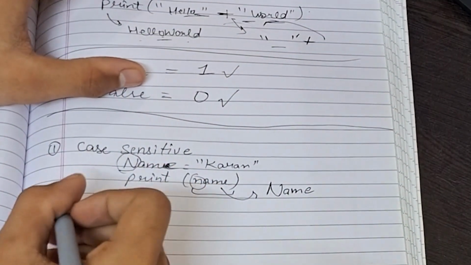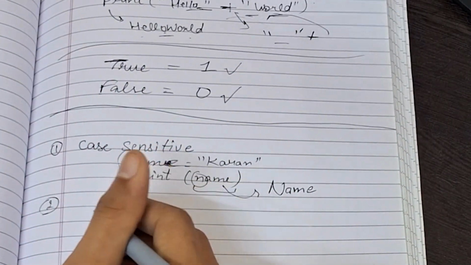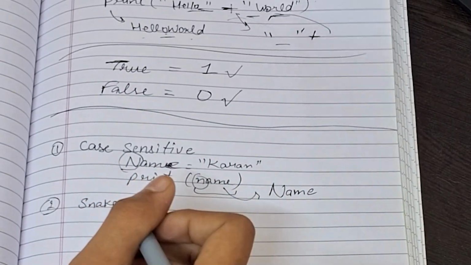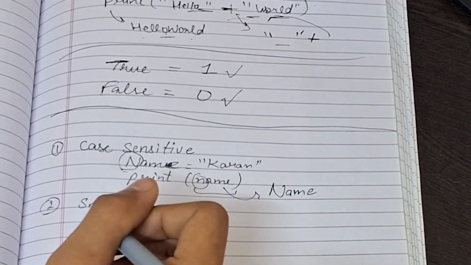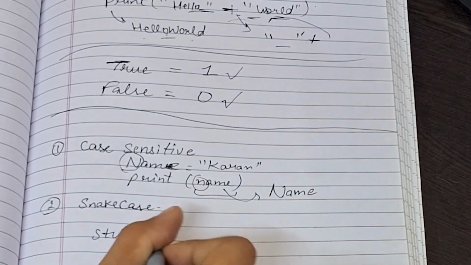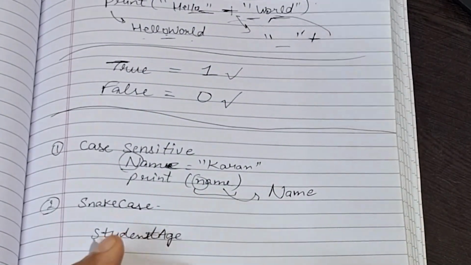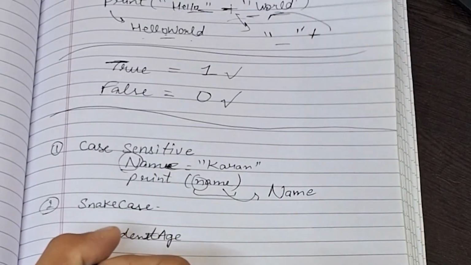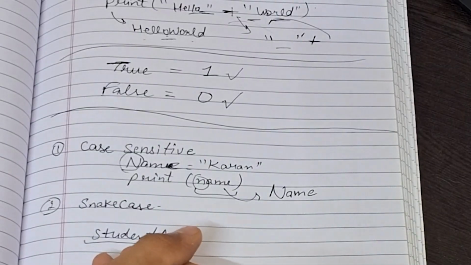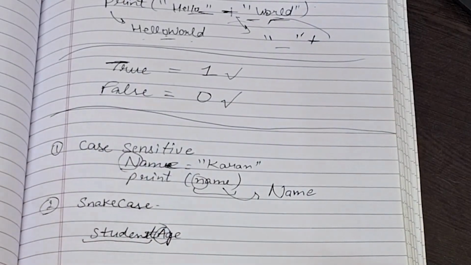The second thing you can use is snake case. What is snake case? Let me clear it up with an example. Let's say we have a variable name studentAge. I have used all lowercase letters till student, and when writing age, I kept the first character of age, that is A, as a capital letter.